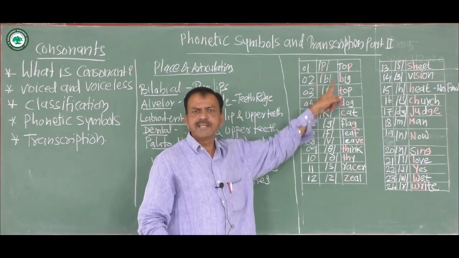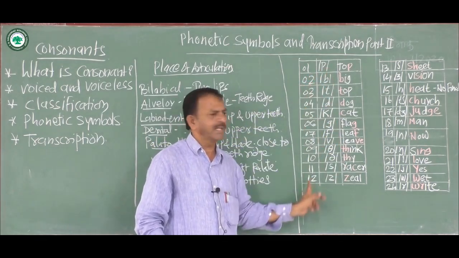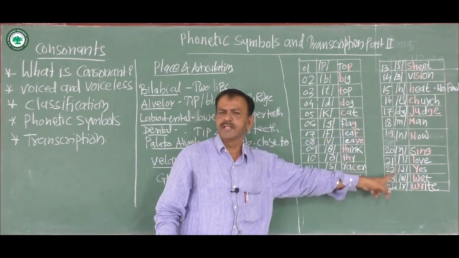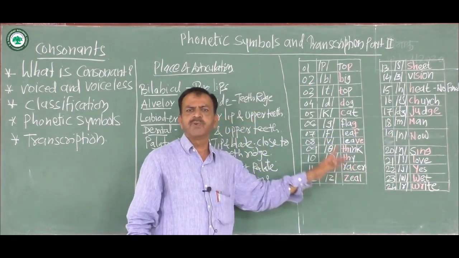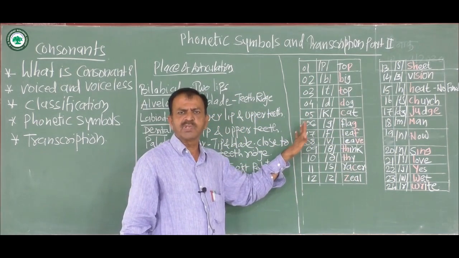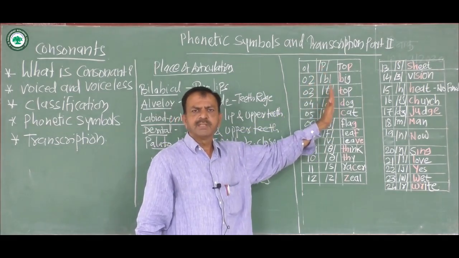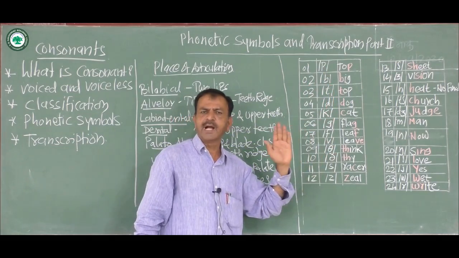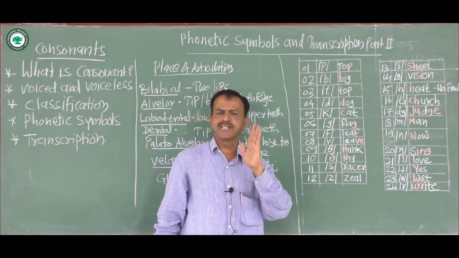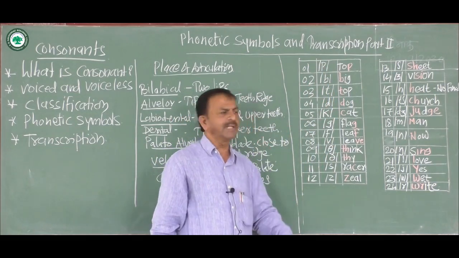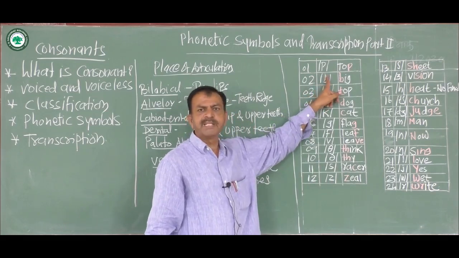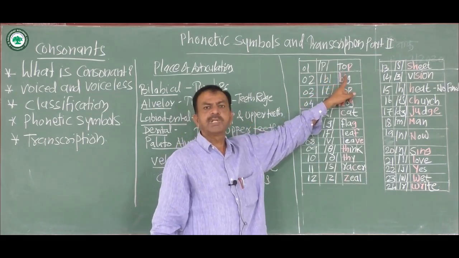So these are the symbols. This is the serial number. You notice here that I have written 24 consonants in total. In the second column, the IPA symbols, International Phonetic Symbols, are given. First is P as in top.